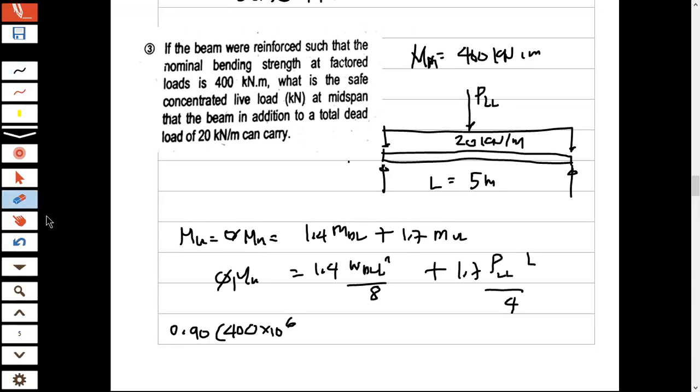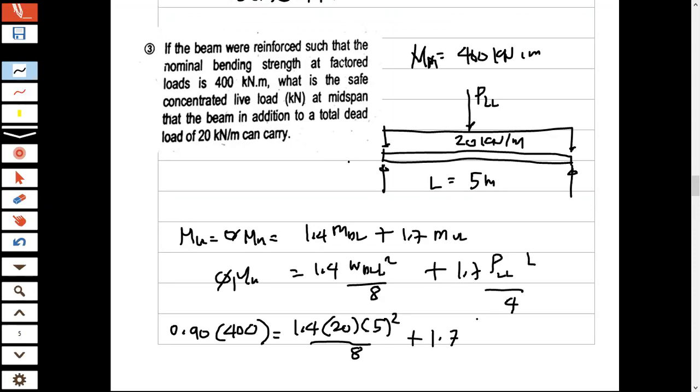It should be that if you have 400 kilonewton meter, the rest of the units should also be in kilonewton and meter. So you have 400 kilonewton meter. You have 1.4. W dead load is 20 kilonewton meter. This is squared, span is 5 meters squared. And then you have your 1.7 factor for live load.